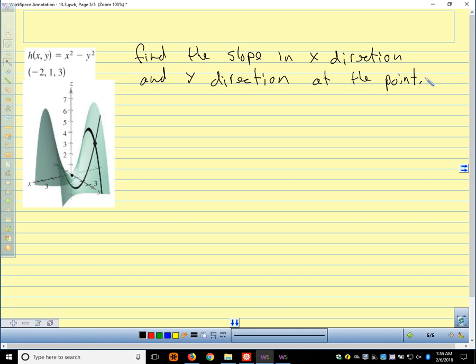For this problem, they give us the equation of the surface, and they give us the point. So we want the slope in the x direction and the slope in the y direction.